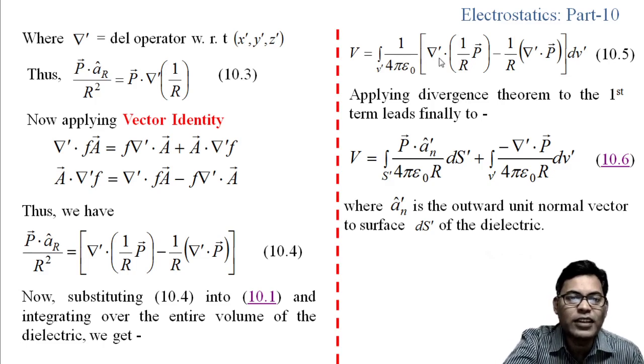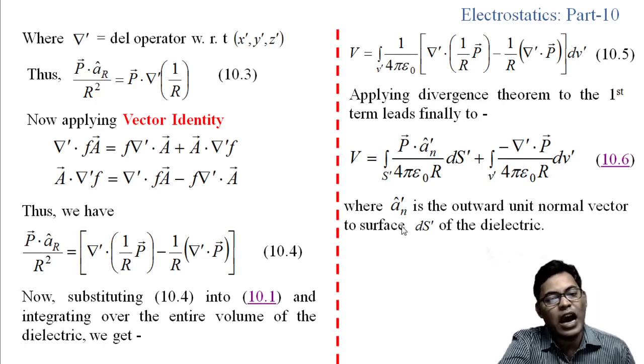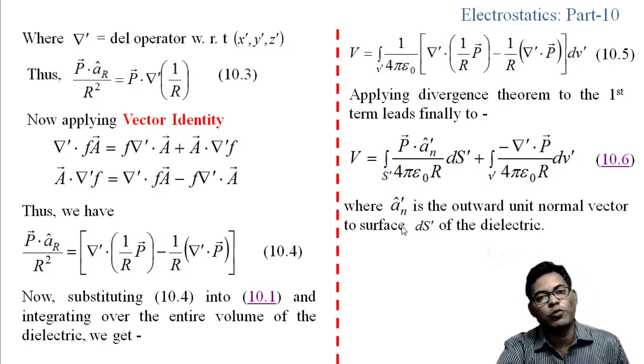Now as we can change the first term, from that we got the expression V equals the surface integral of P dot an prime divided by 4 pi epsilon naught R into ds prime, plus the second term will be the same, the volume integral of minus, because minus is taken inside the integrand, so minus del prime dot P by 4 pi epsilon naught R dv prime, where an is the outward unit normal vector to the surface ds.